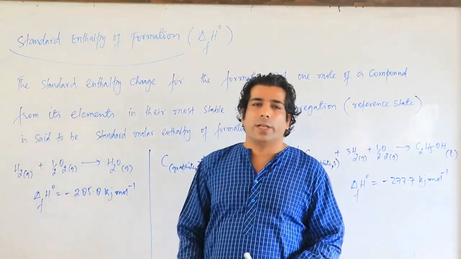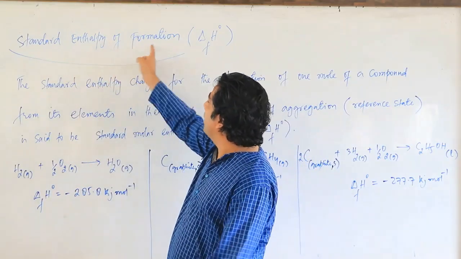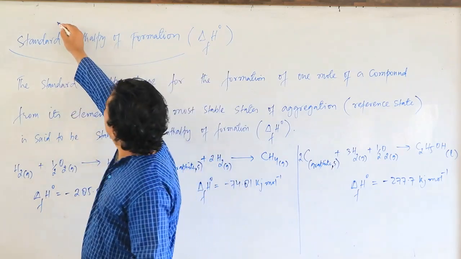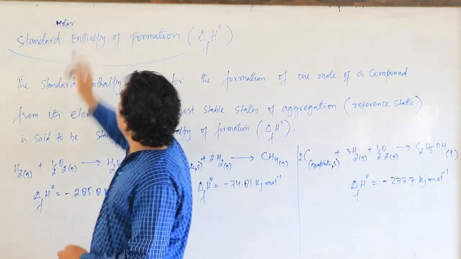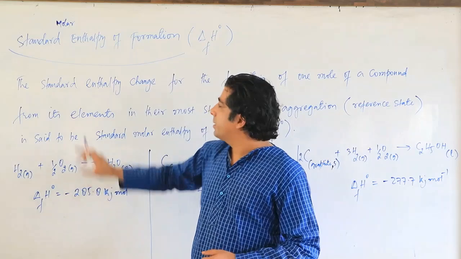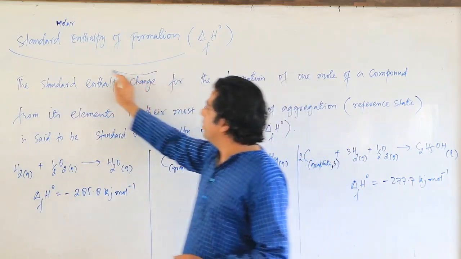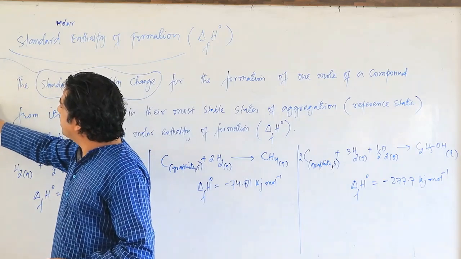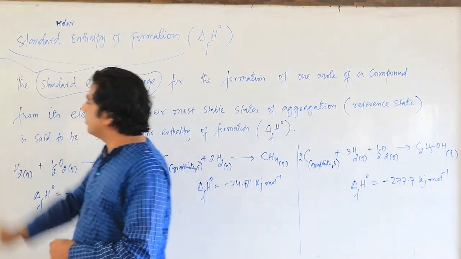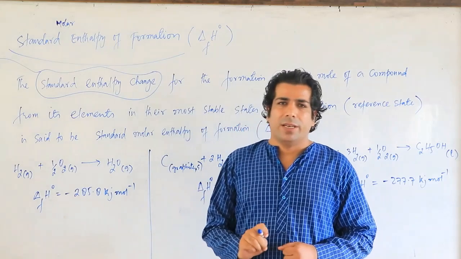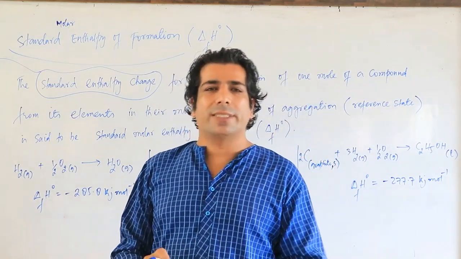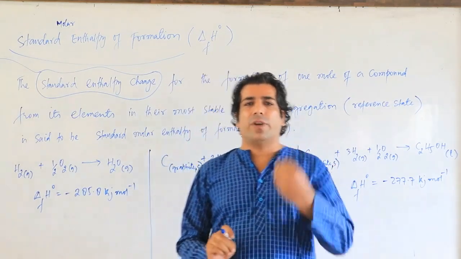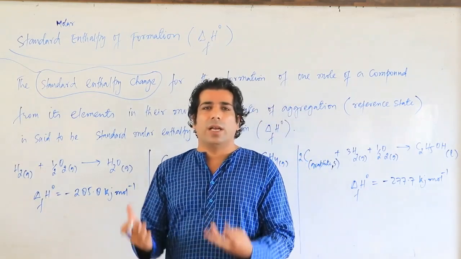My dear friends, now let us talk about standard enthalpy of formation. You can also call it standard molar enthalpy of formation. The standard enthalpy change, that is your delta HF naught, whether it is positive or negative, we have to find out whether it's endothermic or exothermic.